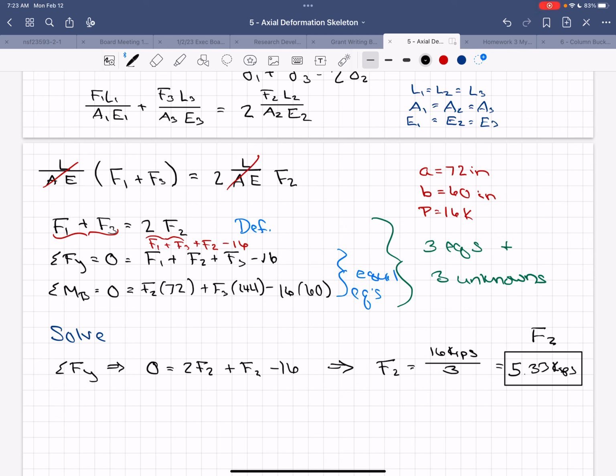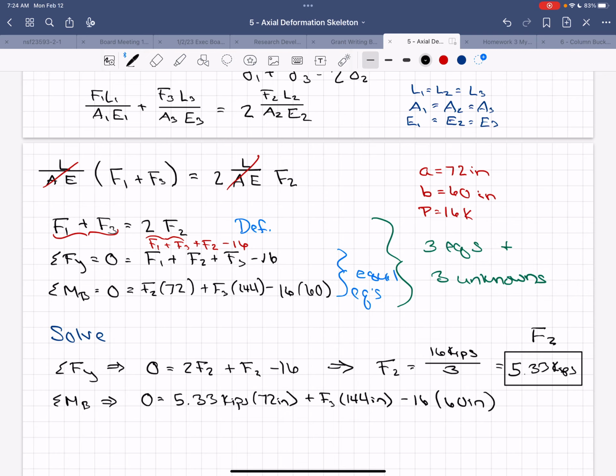Sum of the moments about B, we can plug in 0 equals 5.33 kips times 72 inches plus F3 times 144 inches minus 16 times 60 inches.